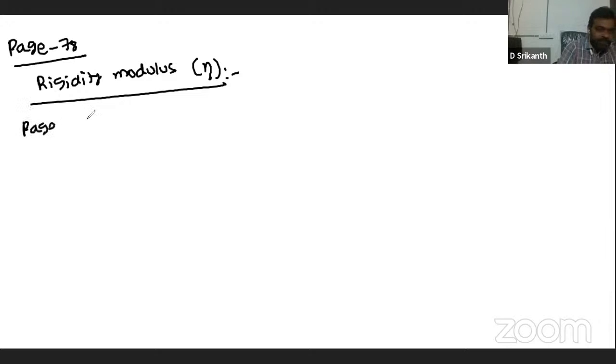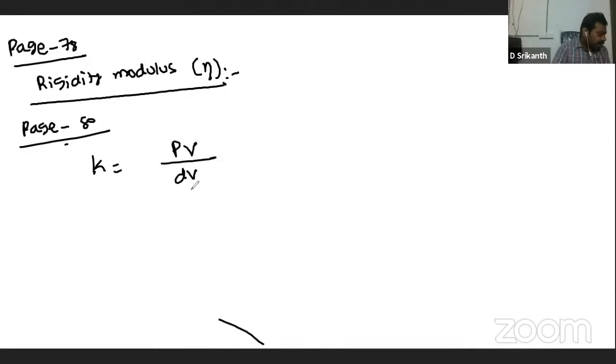We are having the bulk modulus. Since we know that bulk modulus K equals minus PV by dV. As I told you, in an isothermal process, as pressure increases, volume decreases, due to that we keep the minus sign.